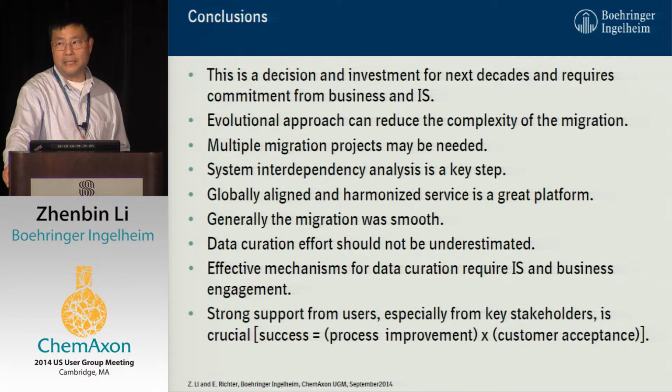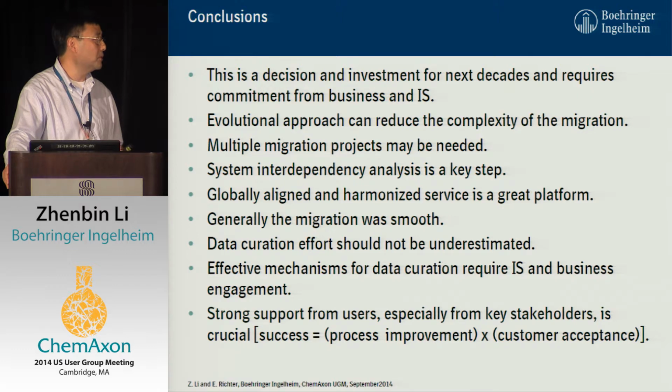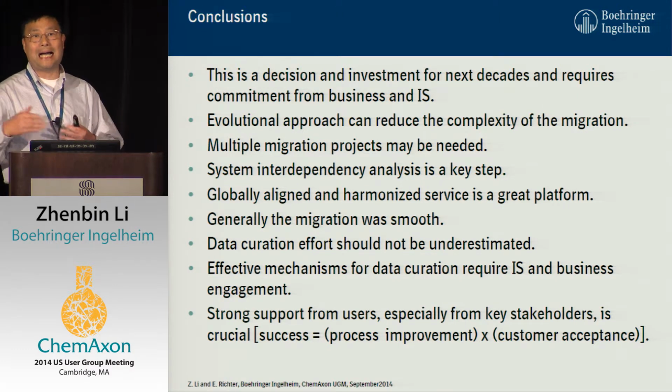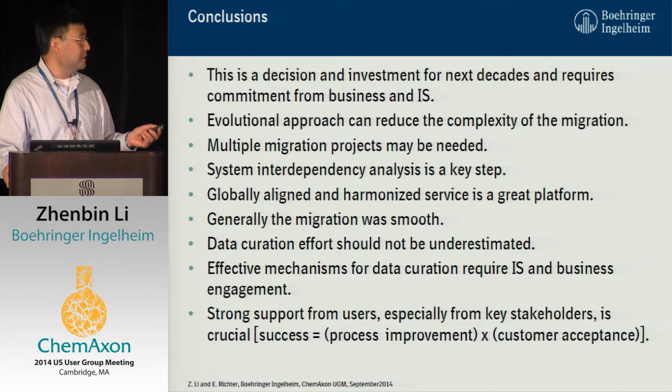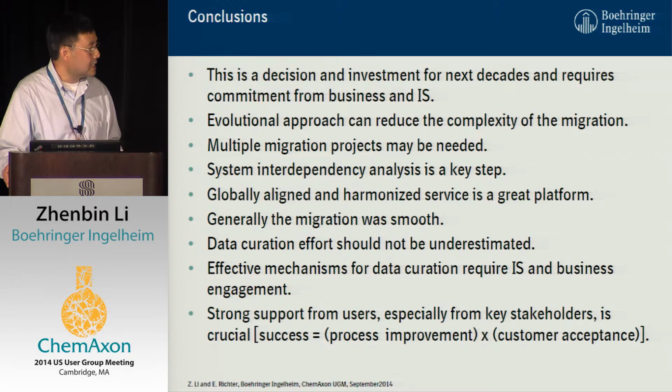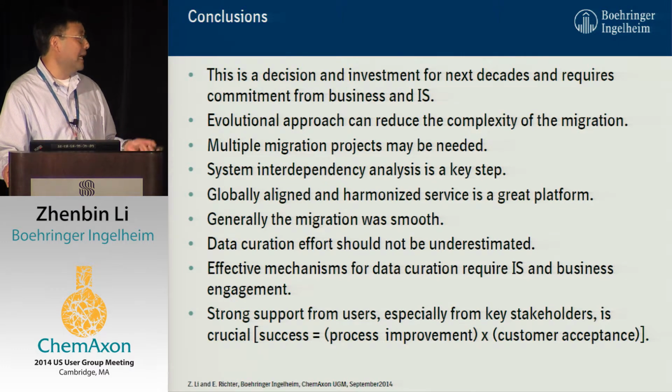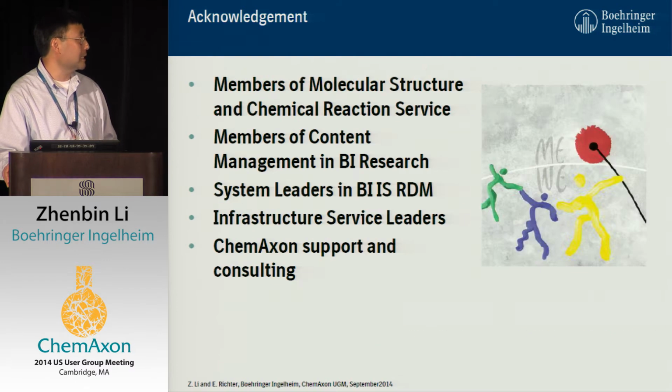Another thing is we really want to have strong support from our end user side, especially the stakeholders. I think each success is really equal to process improvement times customer acceptance. Any discount on customer satisfaction and process improvement will discount the whole success.